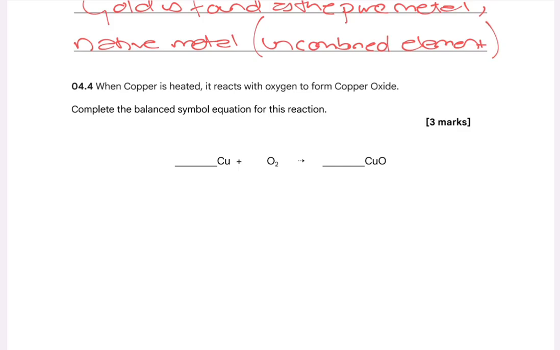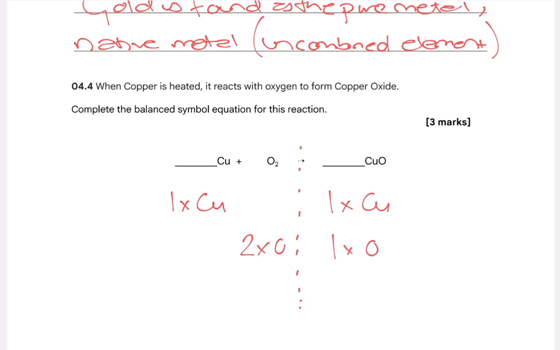So copper, when it is heated, reacts with oxygen to form copper oxide, and this is what happens naturally. Metals in the Earth's crust will quite happily combine with oxygen to make these ores, these oxides, in this example copper oxide. This question is asking us to balance the equation. We have 1 copper on the left hand side, and 2 oxygens on the left hand side as well, but on the right hand side we have 1 copper, but only 1 oxygen.